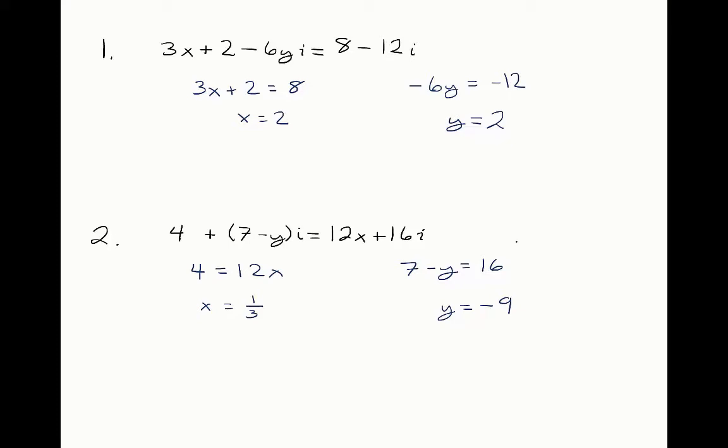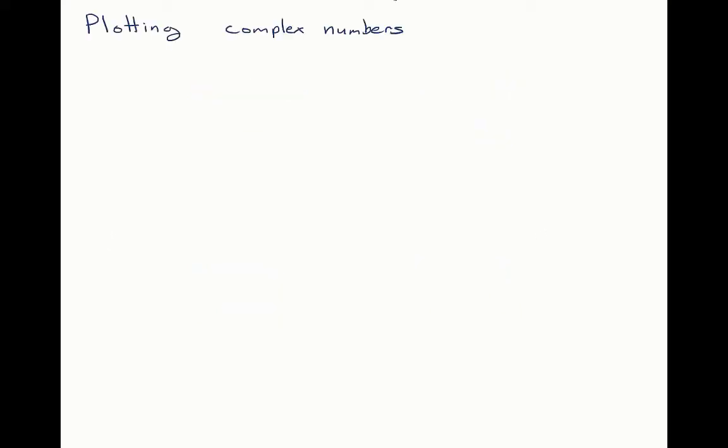Okay, next thing we're going to talk about is plotting complex numbers. So we plot complex numbers in the complex plane. And please let me know in the problem solving discussion if you've done this before. So in the complex plane, what you have is that the x-axis is the real axis and the y-axis is the imaginary axis.